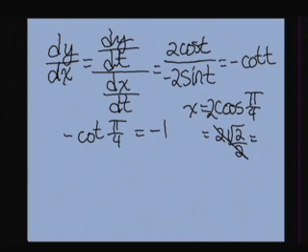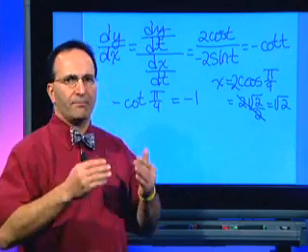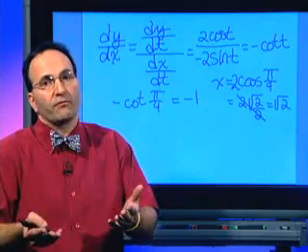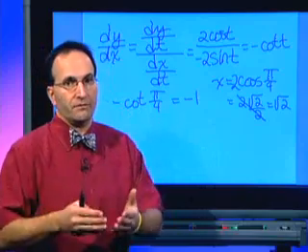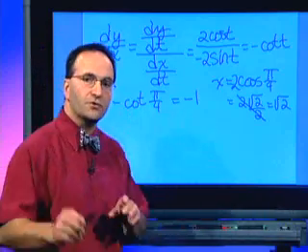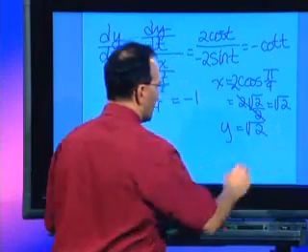Those cancel to 1, and we get that x is the square root of 2. Well, when we go to evaluate, y is equal to 2 sine of pi over 4. But the sine of pi over 4 is also the square root of 2 over 2. So 2 times the square root of 2 over 2, we already know, is the square root of 2. So that means y is equal to the square root of 2.